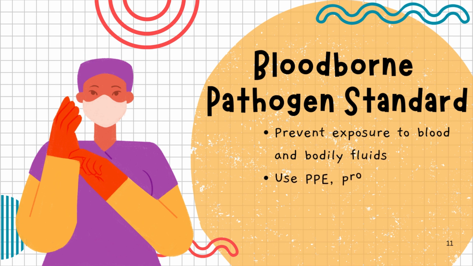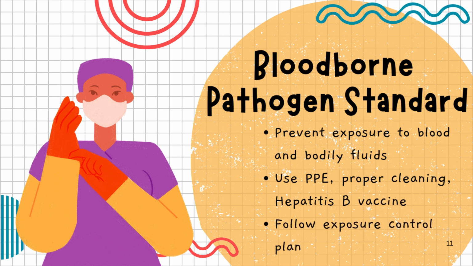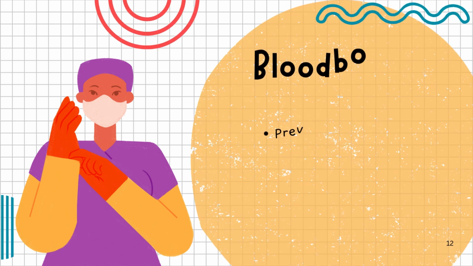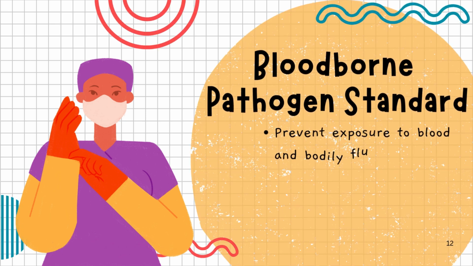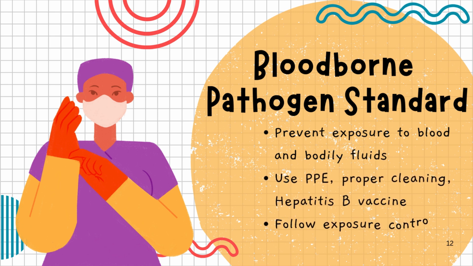So bloodborne pathogens. Bloodborne pathogens are like hepatitis B, hepatitis C, and HIV. These are transmitted through contact with infected blood or some specific body fluids. Federal regulations mandate that all healthcare facilities implement an exposure control plan that has preventative strategies. So that means like a hepatitis B vaccination, engineering and workplace controls, and using PPE, again, referring to box 14.8.